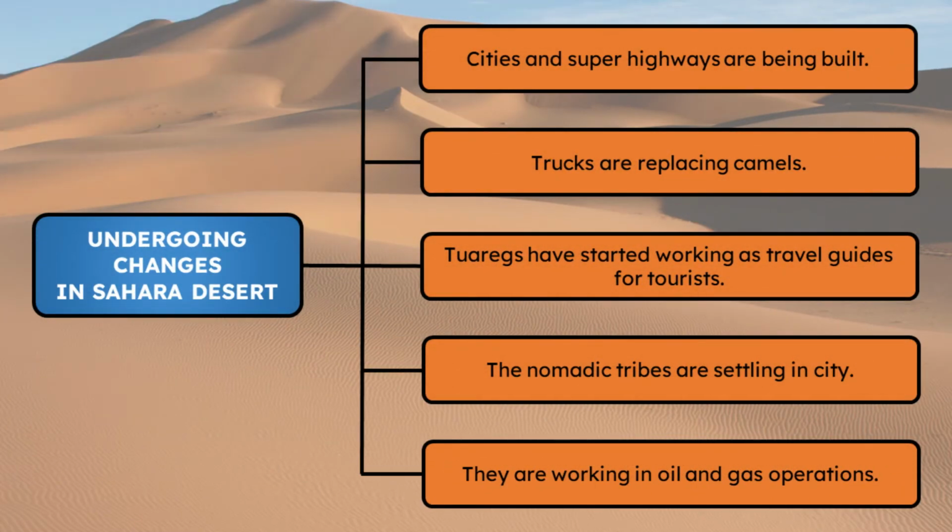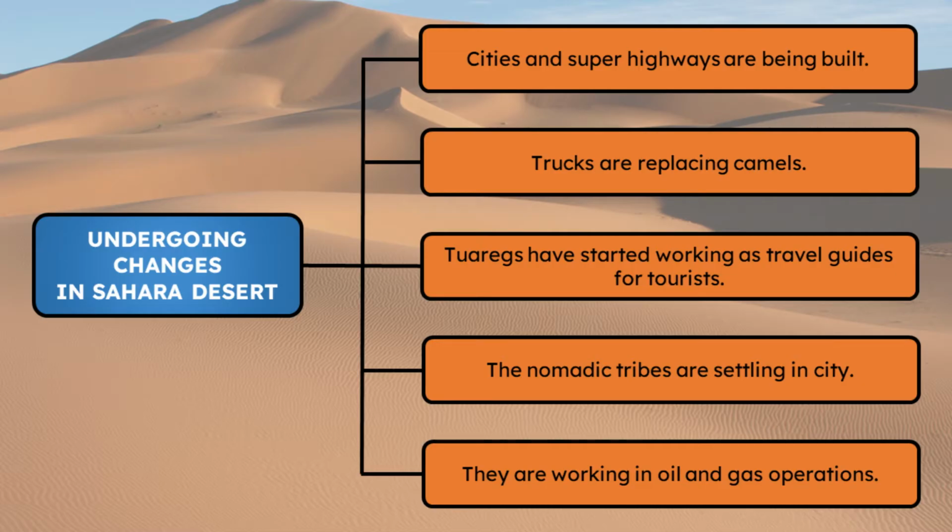And usually, when we think of desert, we will be looking at all the sands and some tents and tribal people living there and moving in camel. But that is not the same case everywhere and all the time. The Sahara Desert has undergone massive changes. Now, there are lots of cities with skyscrapers, gleaming glasses in those buildings.